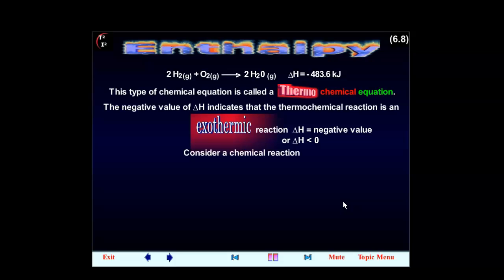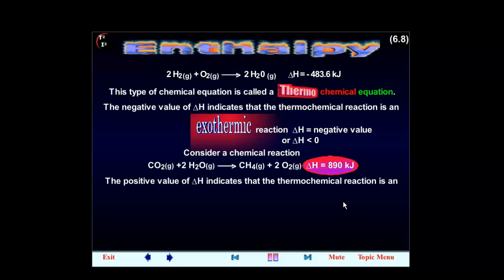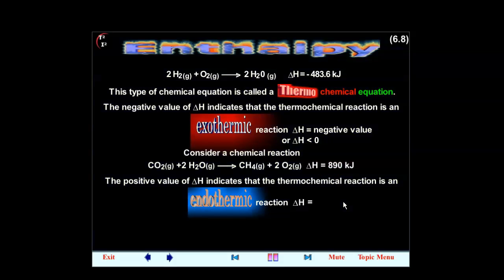Consider a chemical reaction. The positive value of delta H indicates that the thermochemical reaction is an endothermic reaction. Delta H equals positive value, or delta H greater than 0.